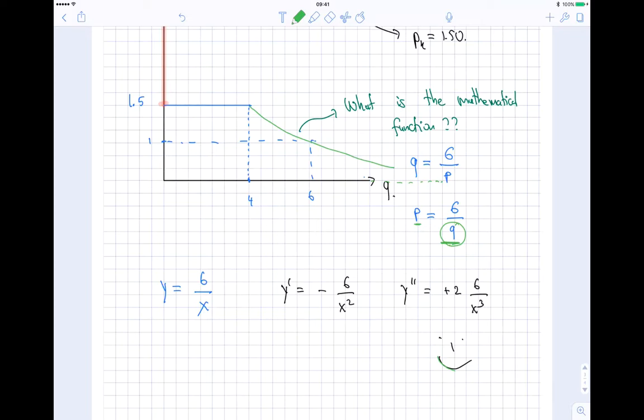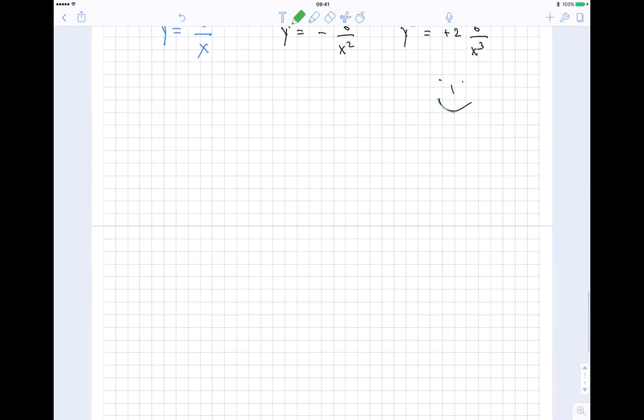Don't assume that everything's going to be linear. If you'd intuitively thought about it, as price was going close to 0, you would spend all your income on that particular good. The quantity that you could afford would explode to infinity. So you didn't have to stop the quantity at 6.